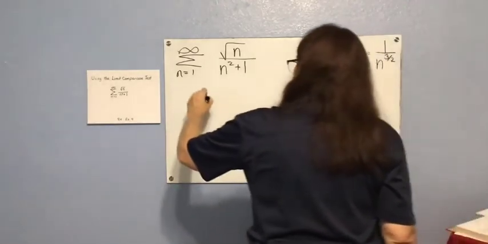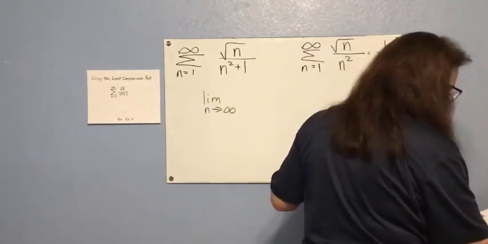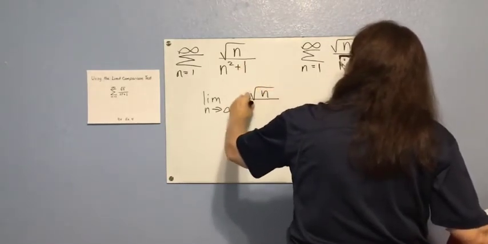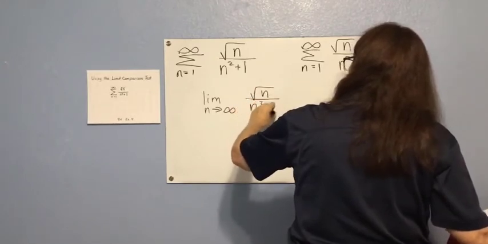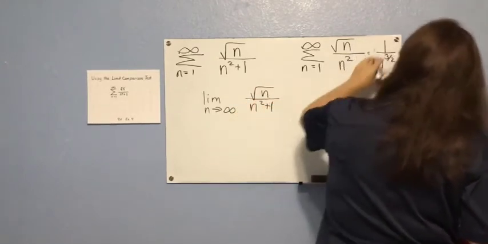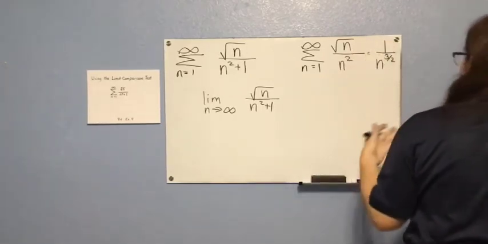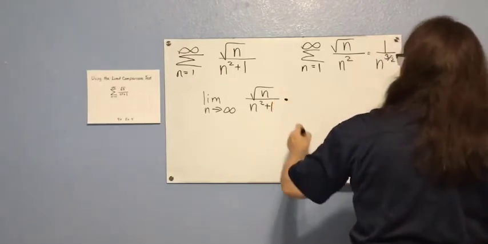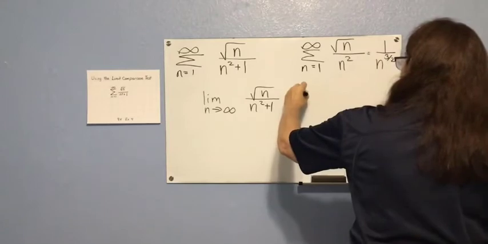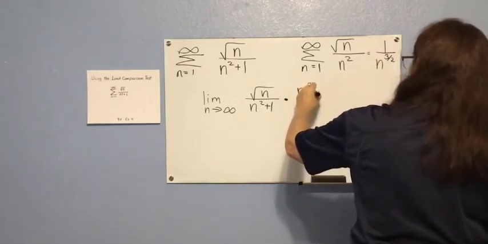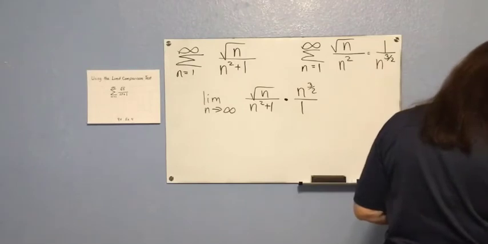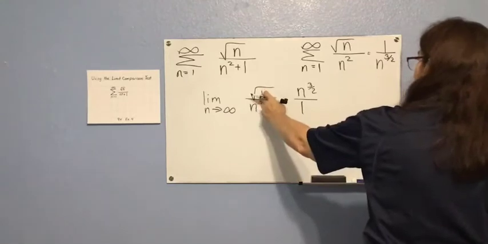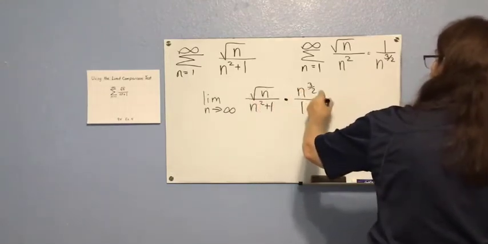And now let's take a limit, and we'll use this series first. And then we would divide by this one, but since this is already a 1 over fraction, I'm just going to invert it and multiply. Okay, so now I have square root of n, which is n to the 1/2 times n to the 3/2.